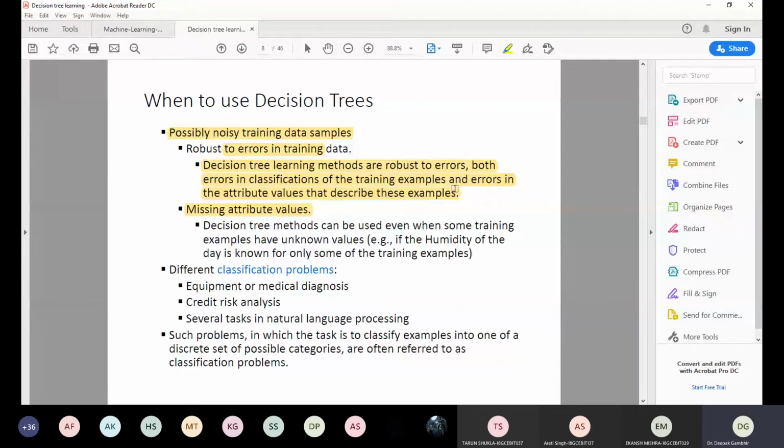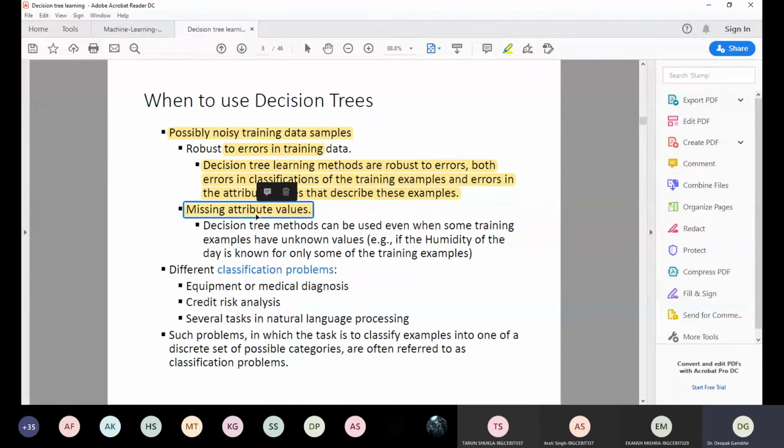That is, error in the output, yes or no, or error in the input values. If you have made the right decision tree, then it will correctly describe that example. So in the case of error in the training example, it will also be able to digest that error, so there is no effect of the error. In that case, decision tree is also very effective.